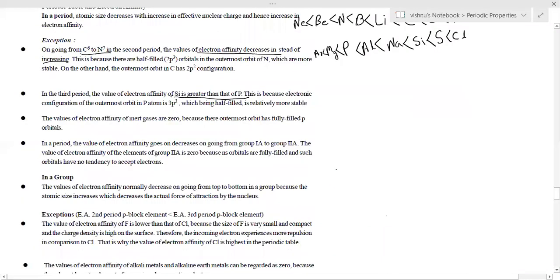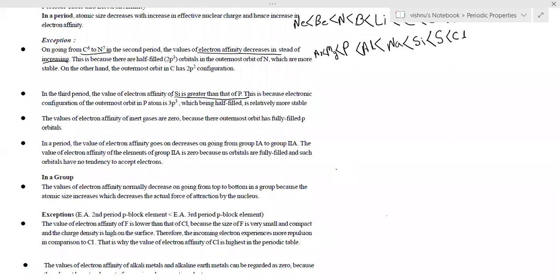The first point, second point, third point are already covered in the order of second period elements. Fulfilled, half filled will have less electron affinity because of higher stability. And electron affinity of inert gas is 0. Why? Because it is already fulfilled.